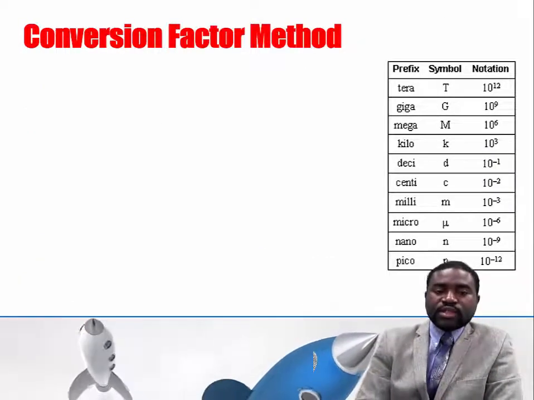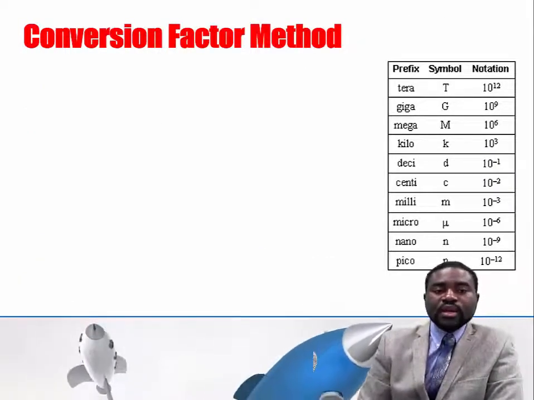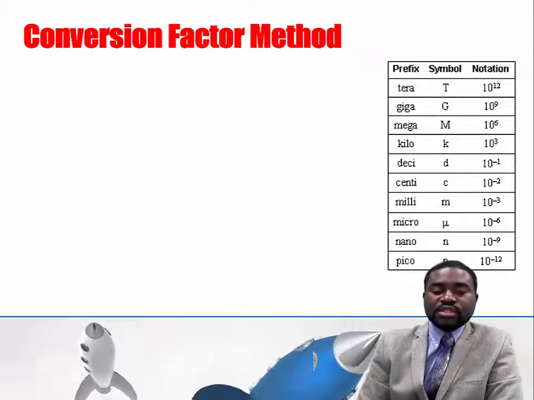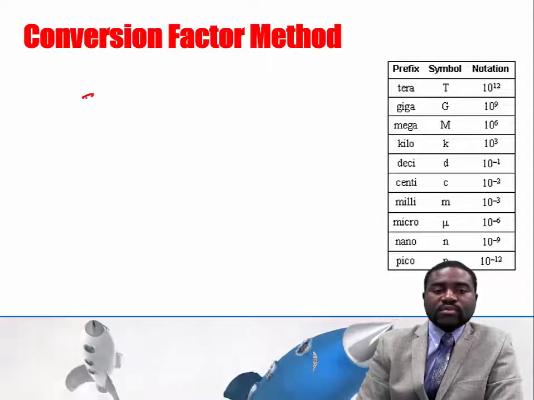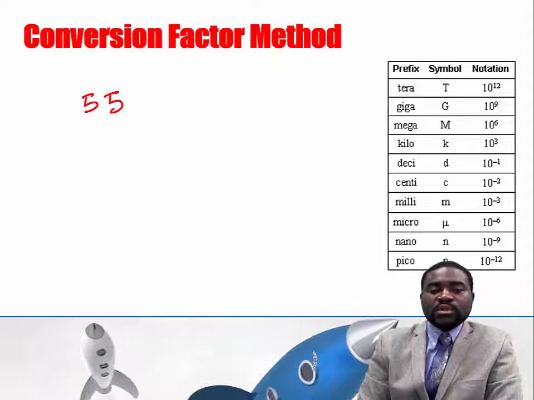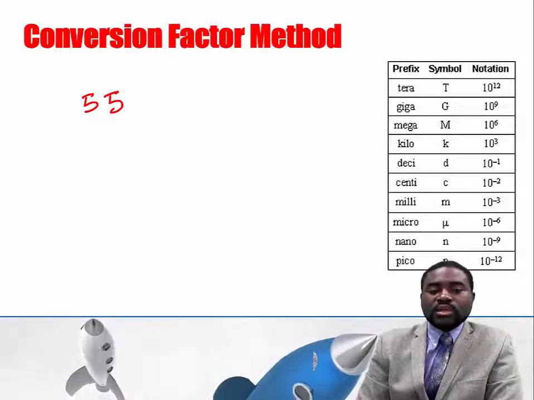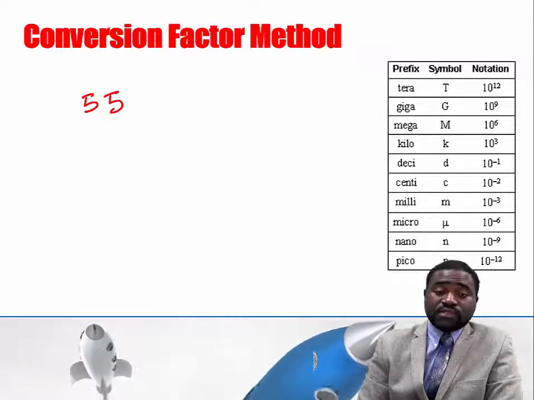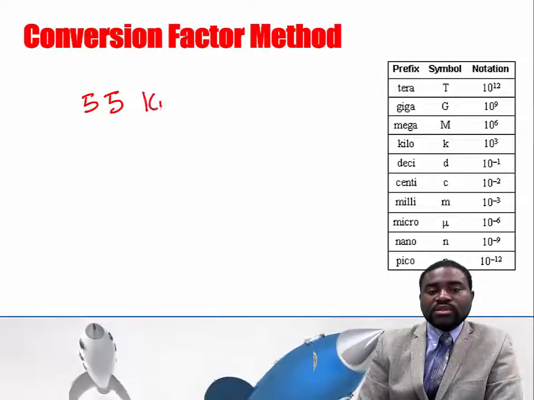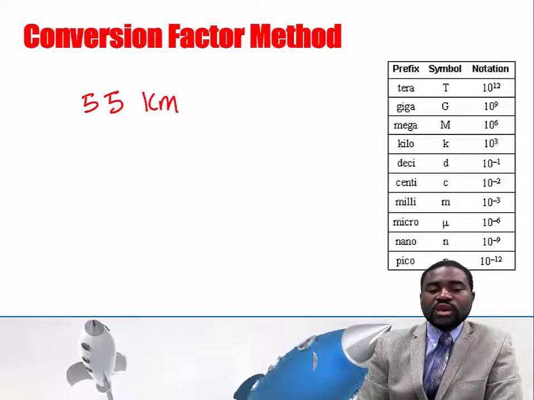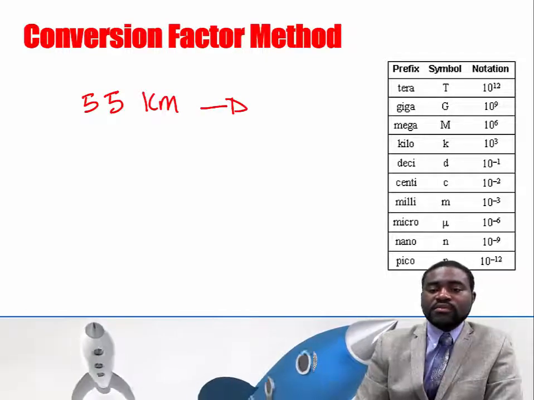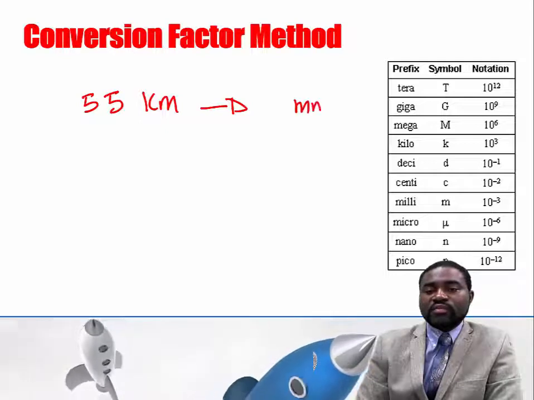Now, let's say the height of a mountain is 55 kilometers, and you're asked to express this in terms of millimeters.